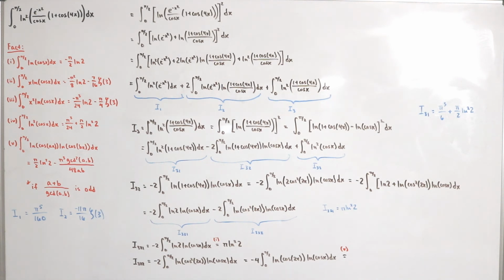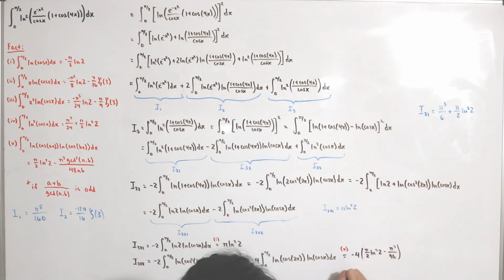So we get that it's negative 4 multiplied by, so pi cubed divided by 24, then, my bad, I looked at the wrong one. It's supposed to be pi squared, pi over 2 divided by ln squared 2, then minus pi cubed times the GCD of AB squared, so that's 1, and then divided by 48 times 1 times 2, so that's 96.